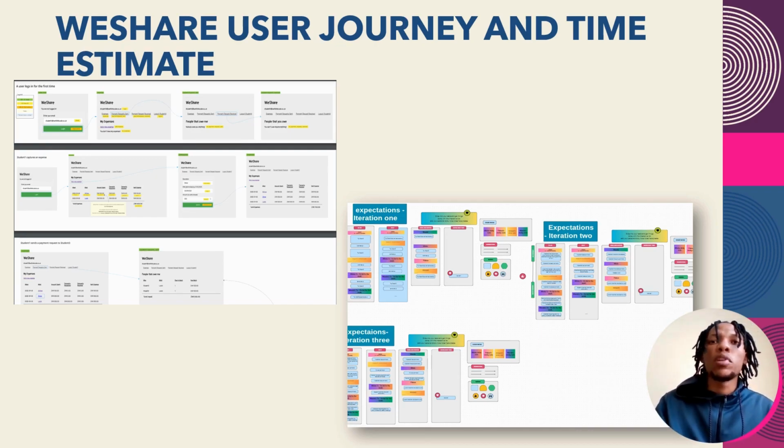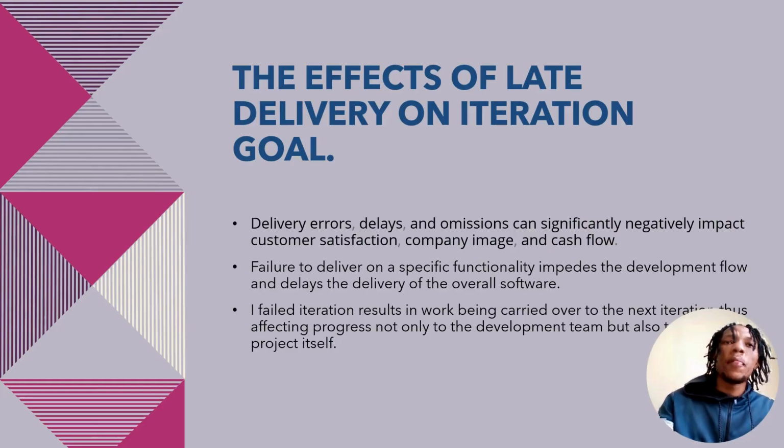So every 2 weeks, there should be a certain level of user interface and backend implemented. That helped us with the time estimate and optimizing our time and our resources based on the time needed on a specific instance.